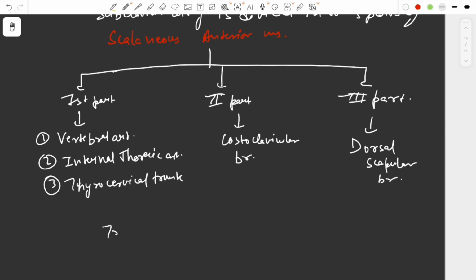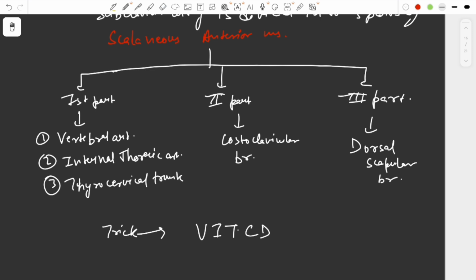So what is the trick? The trick or mnemonic to learn it is vitamin CD. From the first part arises the vertebral artery, V for vertebral artery, I for internal thoracic artery, and T for thyrocervical trunk.